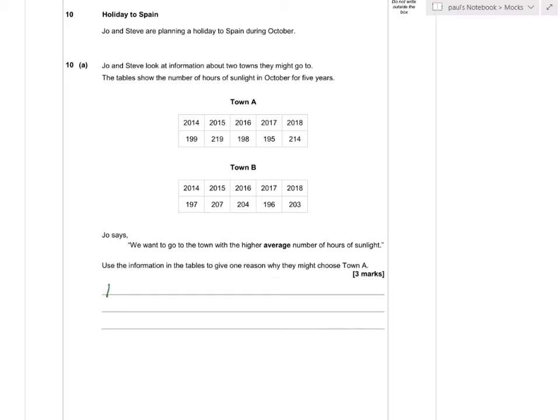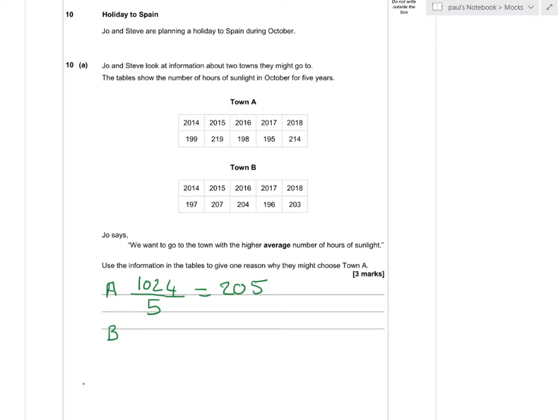Okay, so town A, we're going to add all of these up and divide by 5. So 199 plus 219 plus 198 plus 195 plus 214 equals 1024. Divide that by 5. So that gives a mean average of 205 hours.